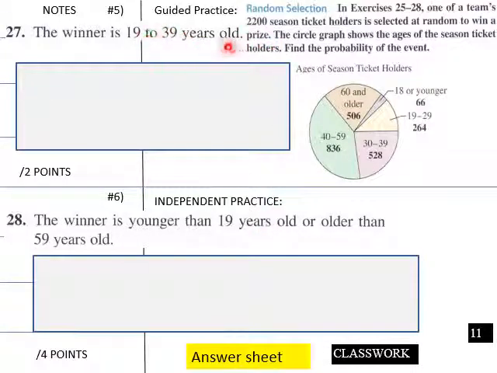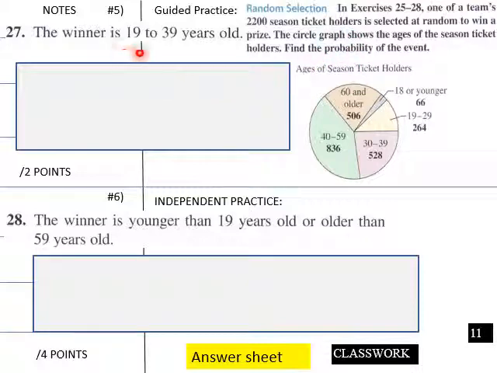Okay, let's try one now from that. The winner is 19 to 39 years old, and we're going to use our pie chart here, which shows the ages of season ticket holders.